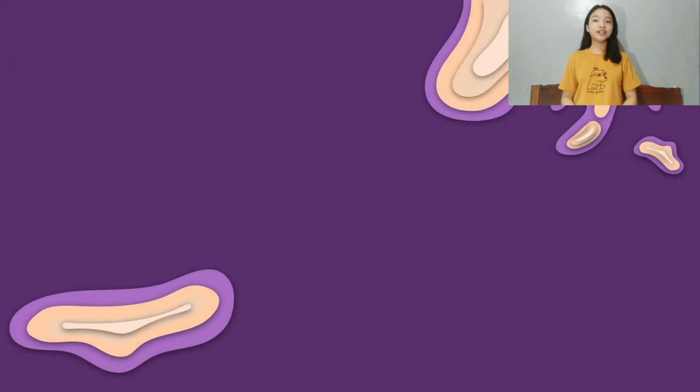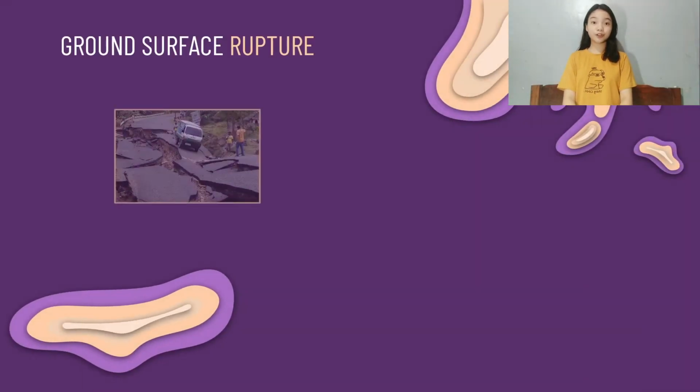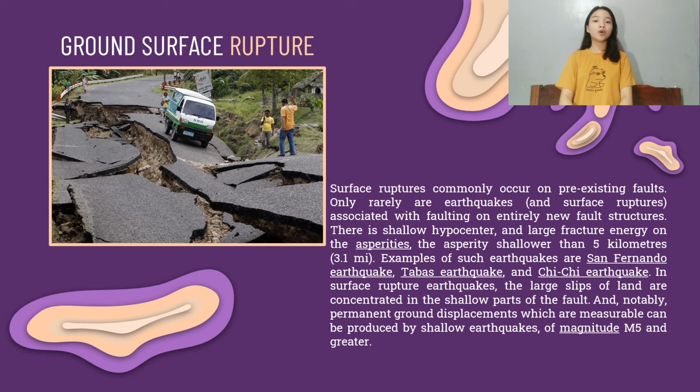Moreover, surface ruptures commonly occur on pre-existing faults. Only rarely are earthquakes associated with faulting on entirely new fault structures. There is a shallow hypocenter and large fracture energy on the asperities. The asperity is shallower than 5 kilometers.